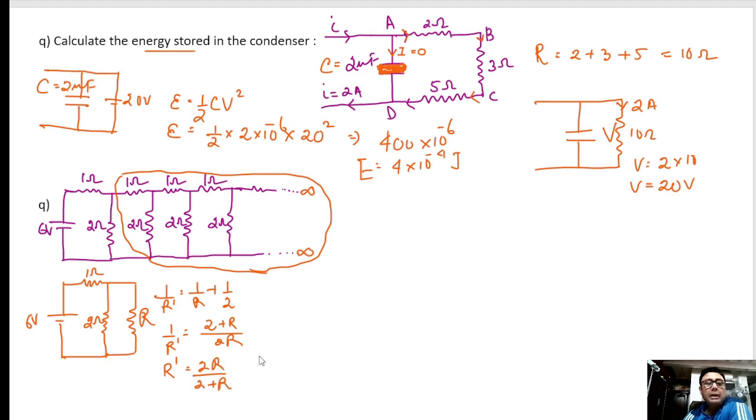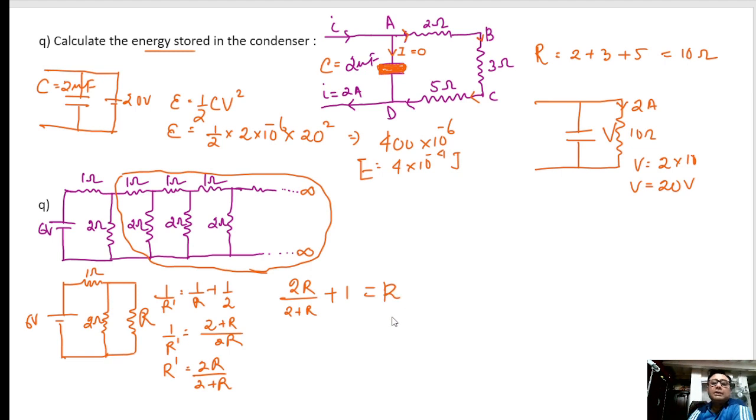And with this, the 1 ohm gets in series. That means 2R by 2 plus R plus 1 is the total resistance.